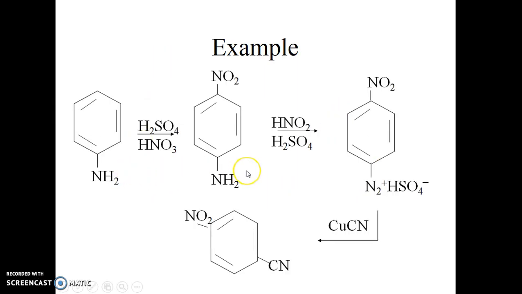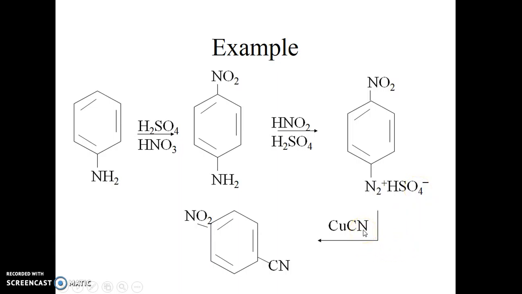Here's another example, and what this does is it highlights the difference between the reagent for making the diazonium salt and the reagent for nitration. They look very similar. Nitric acid and sulfuric acid gives us nitration, whereas nitrous acid, only 2 oxygens, gives us formation of the diazonium salt.